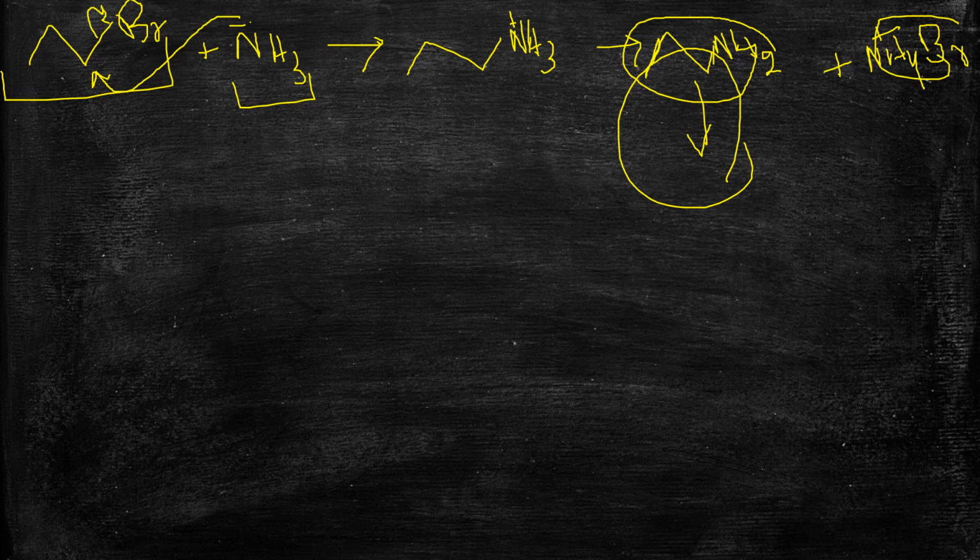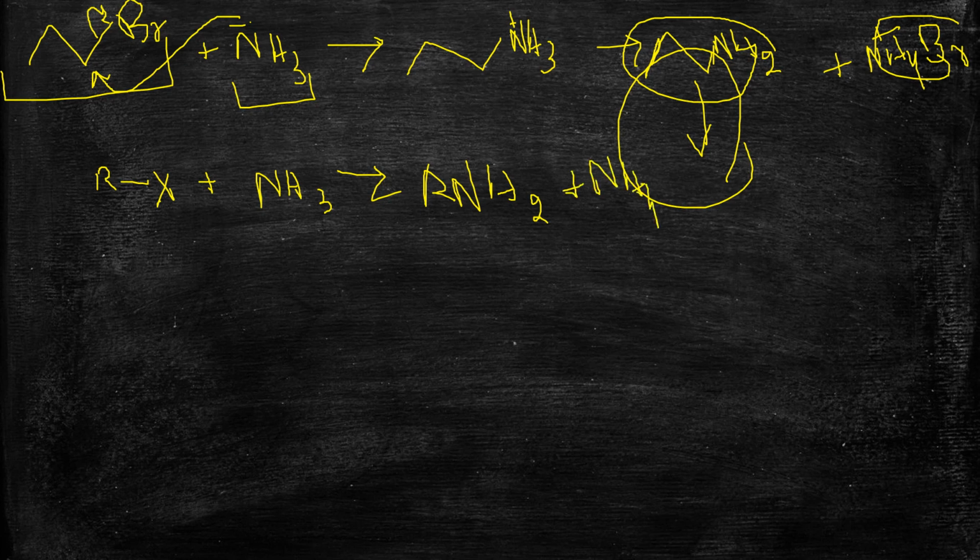So what we read is that in alkylation of ammonia, first of all, the things that you are to remember are we do the following general reaction: RX plus NH3 giving us RNH2 plus ammonium halide salt, NH4 positive, X negative, right? So this is the general reaction that you got to remember.